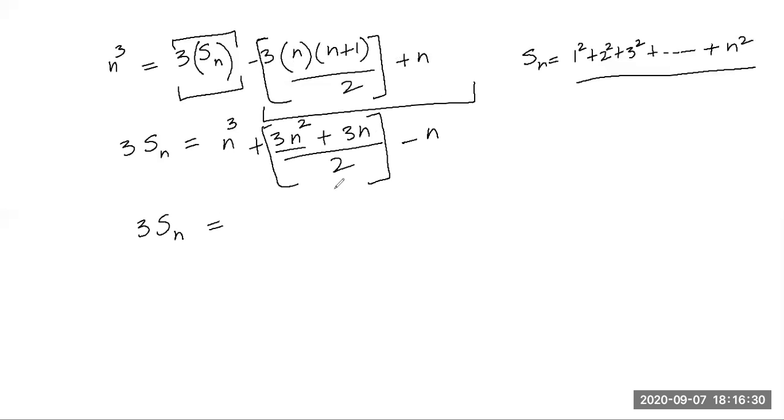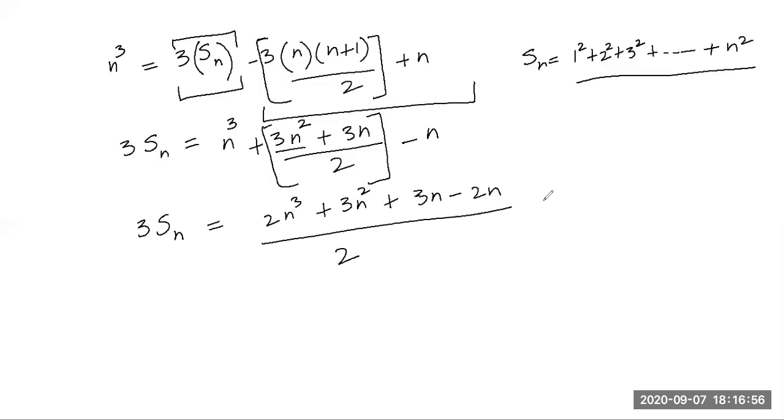Maybe we can take the LCM. So maybe you can say 2 is the LCM. So what do you get? You get 2n cube plus 3n square plus 3n minus, tell me, 2n.